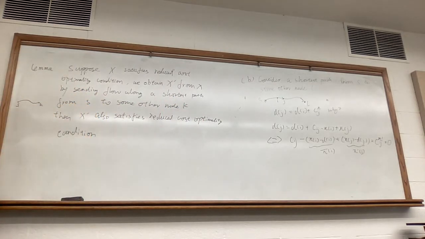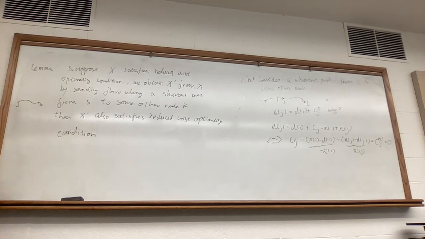Remember that I said for the successive shortest path algorithm, you maintain the optimality, but you iteratively search for a feasible solution. Here, when I say optimality, I mean the reduced cost optimality condition. In every iteration, you are adjusting this flow X, however, you should always make sure that it satisfies the reduced cost optimality condition.